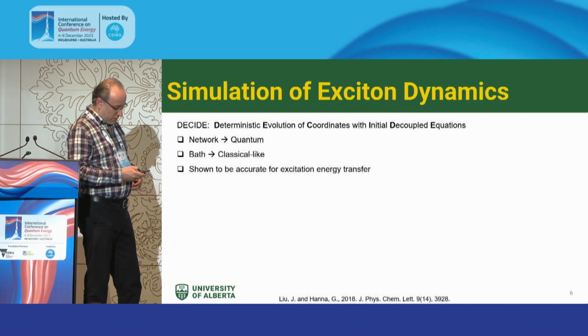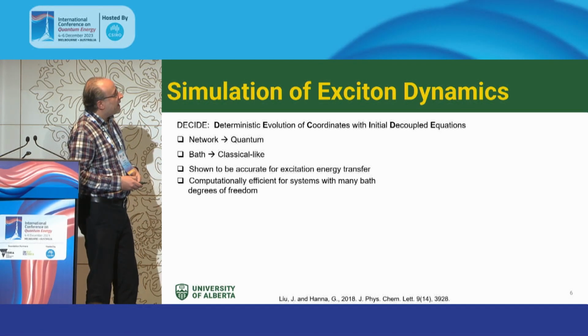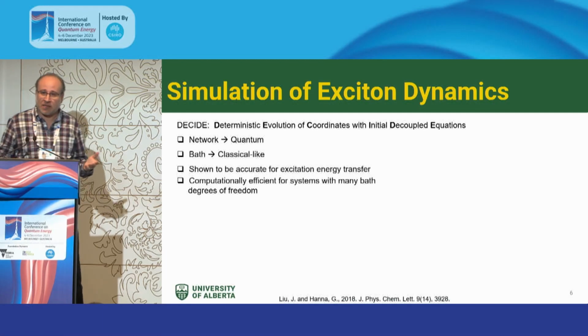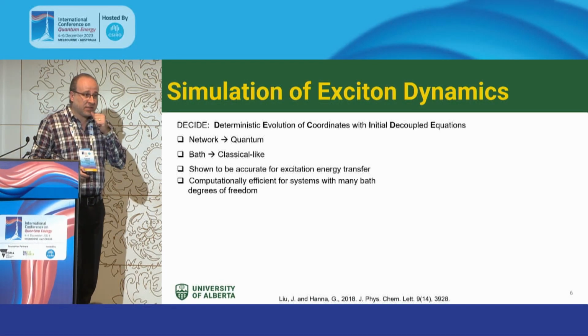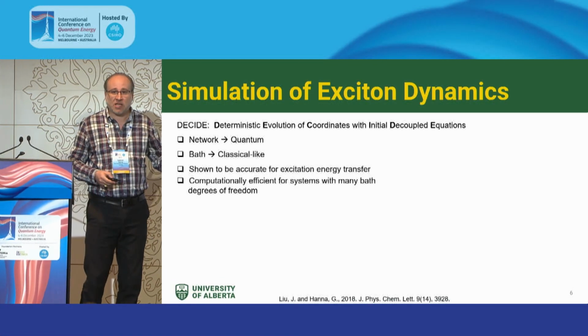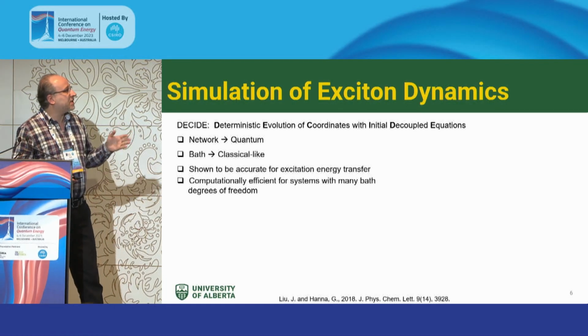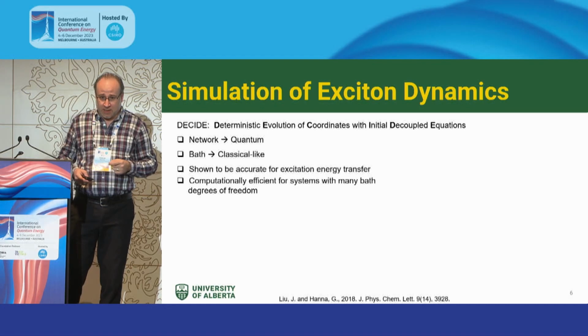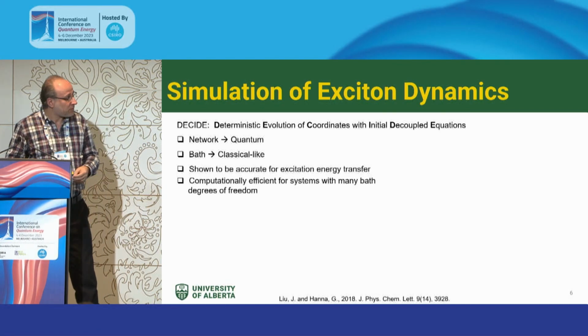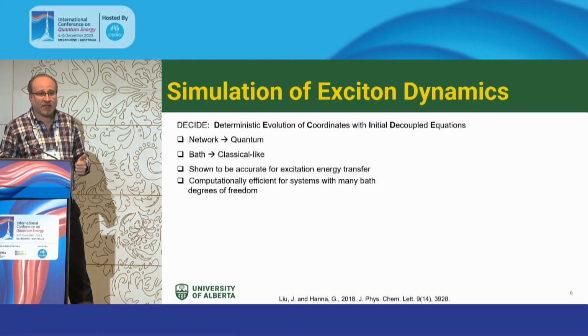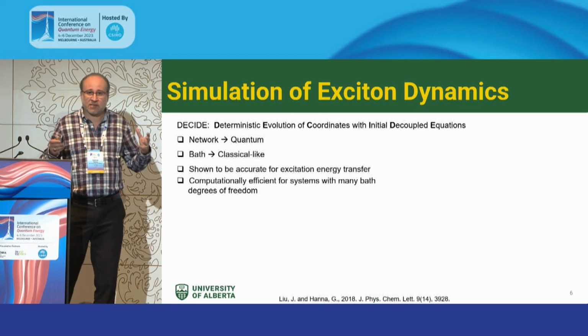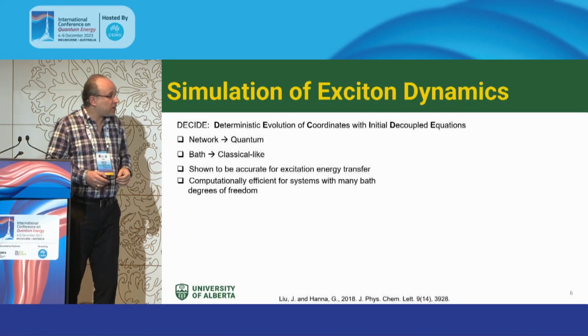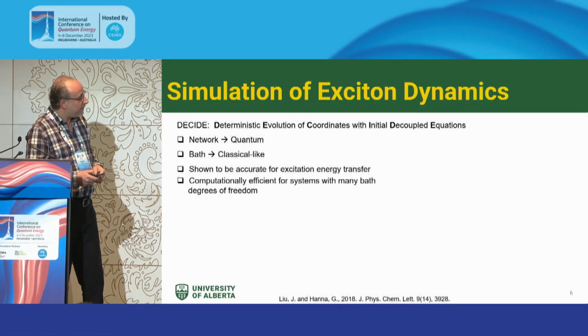So we have confidence in the method. And because it's a mixed quantum classical method, we have a couple of advantages, namely that it's computationally efficient for systems with many bath degrees of freedom. So if I have hundreds or thousands of oscillators in the baths, not really a major problem. And secondly, we can actually treat more realistic systems using a mixed quantum classical method.